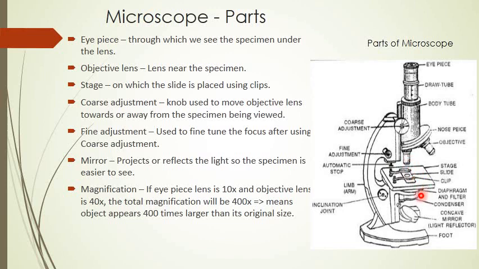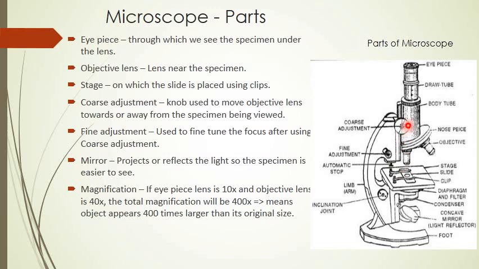Next is the coarse adjustment. What is this coarse adjustment? This is a rotating knob which we use to move forward and backward. What happens if we move this knob? The lens keeps moving either towards the slide or away from the slide, in order to make the object more clear.